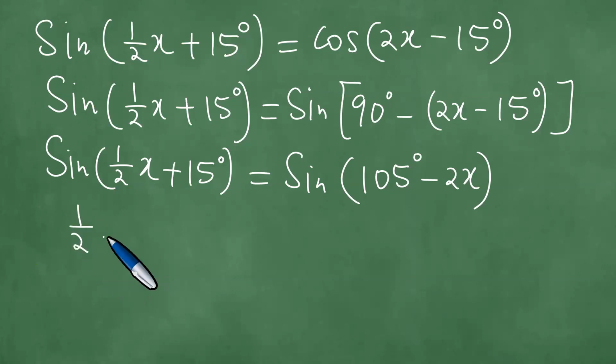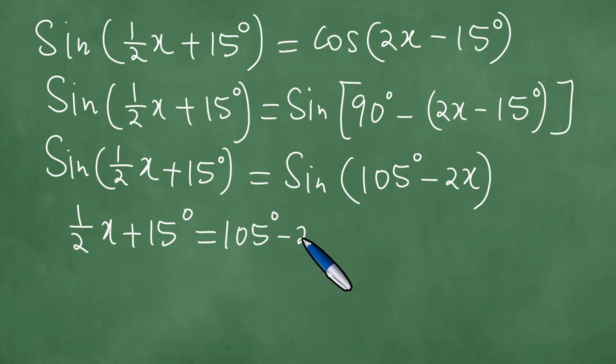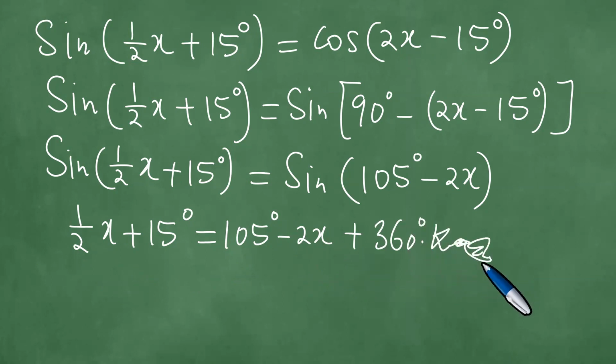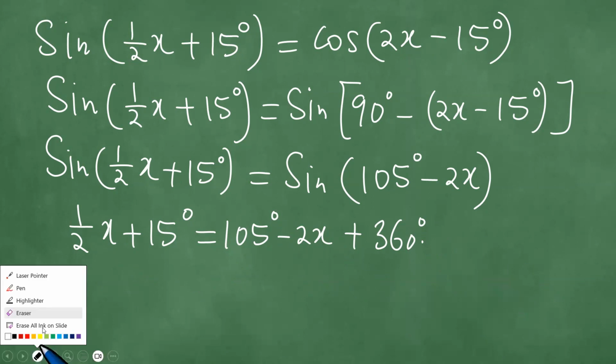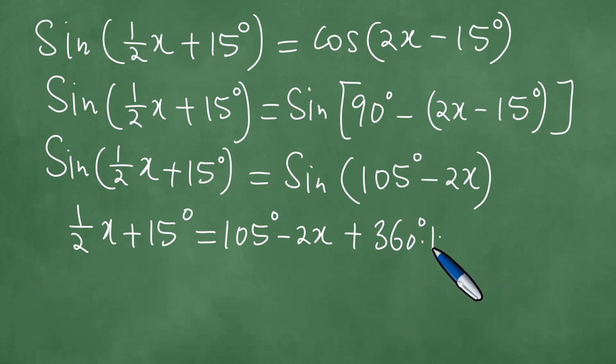This is exactly 1/2 x plus 15 degrees equal to 105 degrees minus twice x plus 360 degrees times k, where k is an element of the set of integers, k is an element of Z.